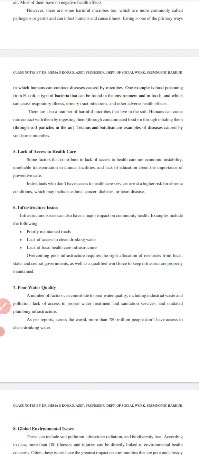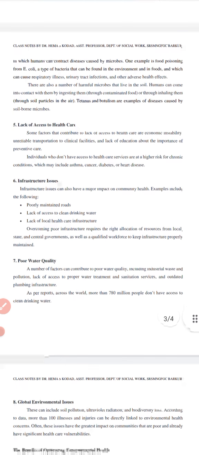And the sixth one is infrastructure issues, which is somewhat similar to the fifth environmental factor. Infrastructure issues can also have a major impact on community health. Examples of infrastructure issues include poorly maintained roads, lack of access to clean drinking water, and lack of local healthcare infrastructure.